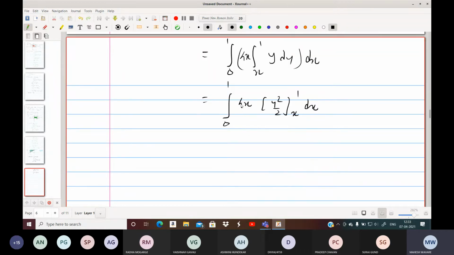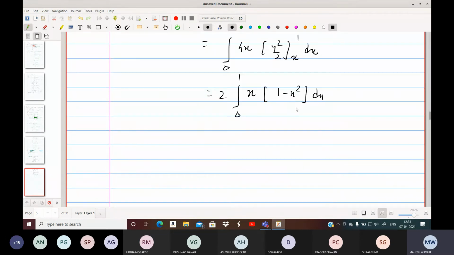These two can go here, so 2 can be taken out, x. So y square gives 1 minus x square, we get like this, when you put y equal to 1 and y equal to x. So at last 2, 0 to 1, x minus x cube dx.